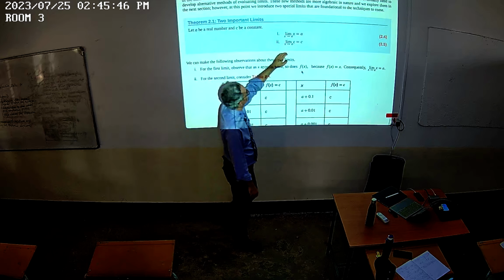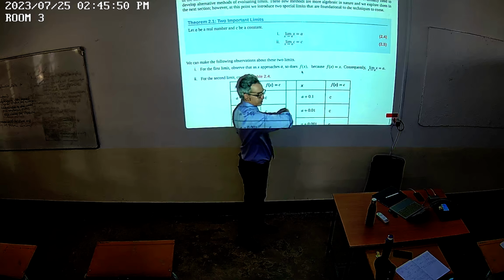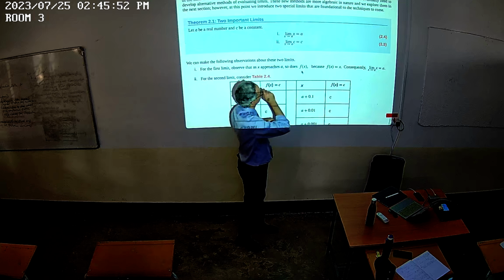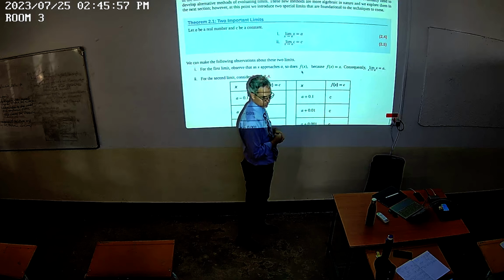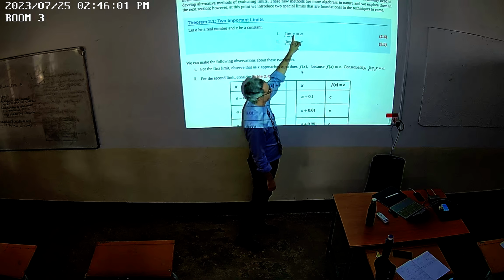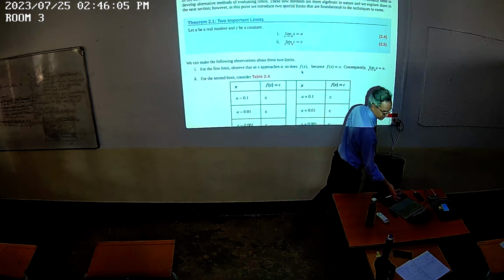The function x is just a straight line, defined everywhere. So if x approaches a, what is the limit? It's just a.